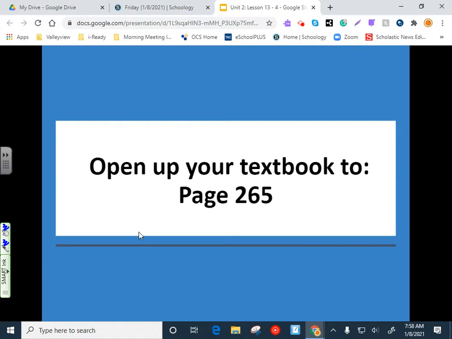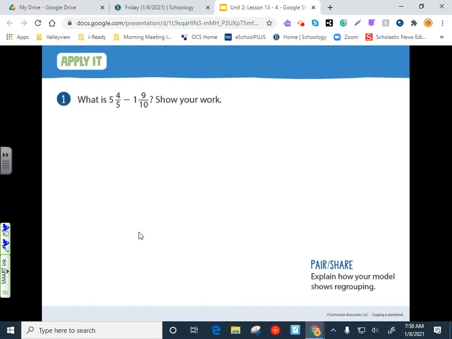And I skipped that first example up the top and I got right into it with number 1. Okay, so here's our two numbers. What is 5 and 4 fifths minus 1 and 9 tenths? Sure you work, so let me just rewrite it here. 5 and 4 fifths minus 1 and 9 tenths.